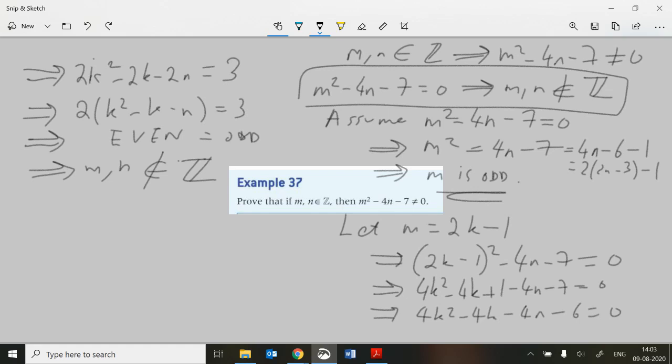So when I stated that m and n are not integers, we're really saying that k and n are not integers. But of course, that also implies that m is not an integer because we have m being based on k. So maybe we need another step in there as well. You might need to go through that a couple of times to figure out how that worked.